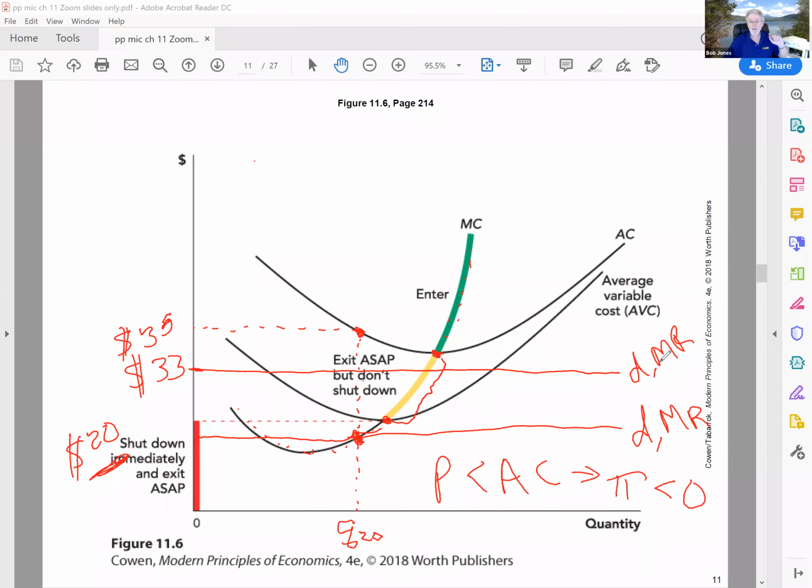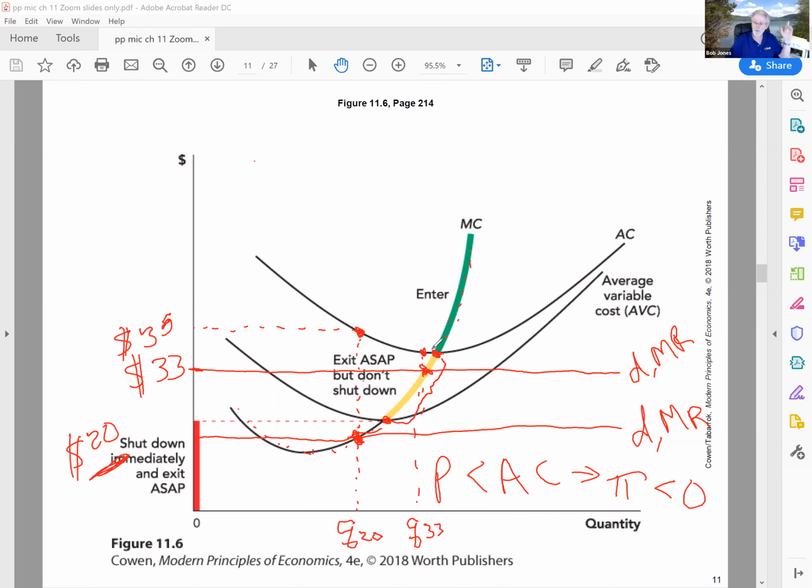First question we ask is, how much will they choose to produce if they're going to produce? That's going to be here. We read down. So that's the quantity they will produce if they produce, given that the price is 33. Are they going to be making money? No, they're going to be losing money, because their average cost is up here. So average cost is maybe $34. Price is 33. If this firm produces, it's going to lose money.